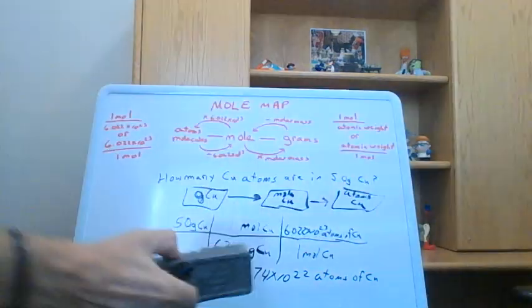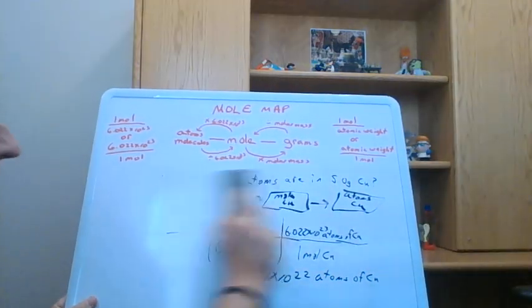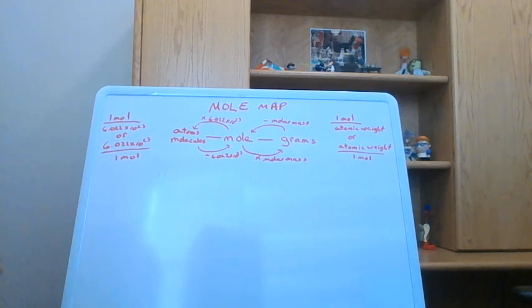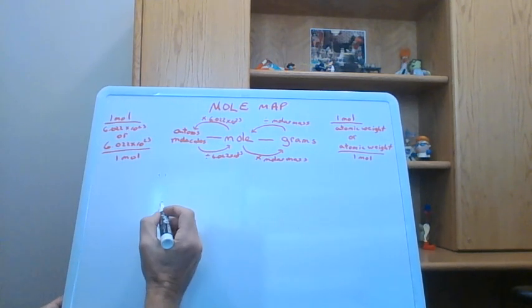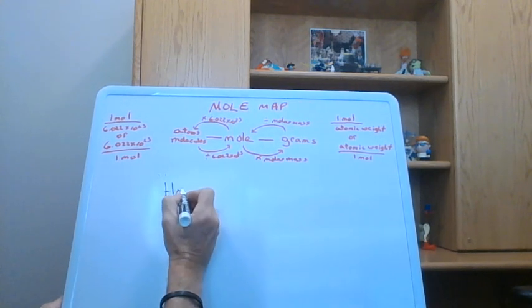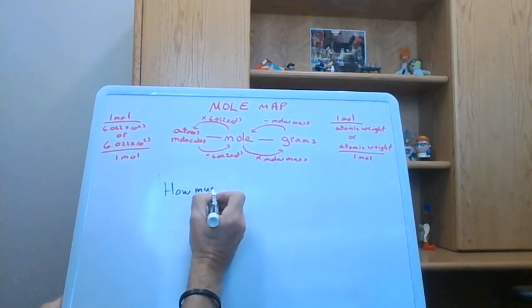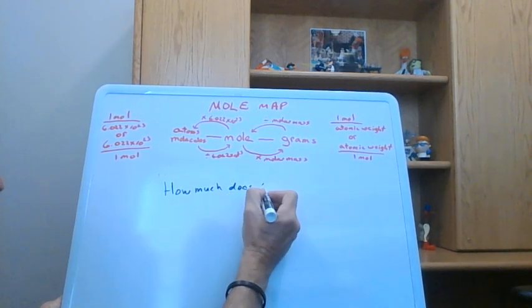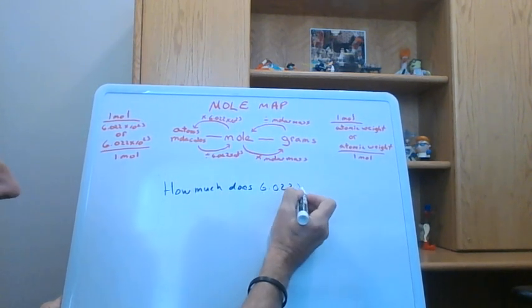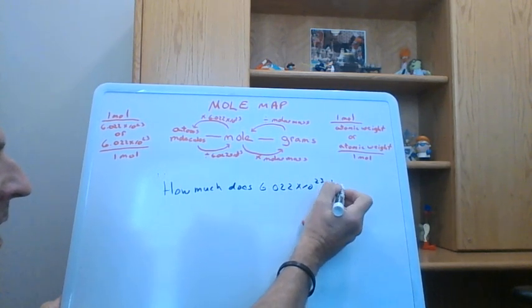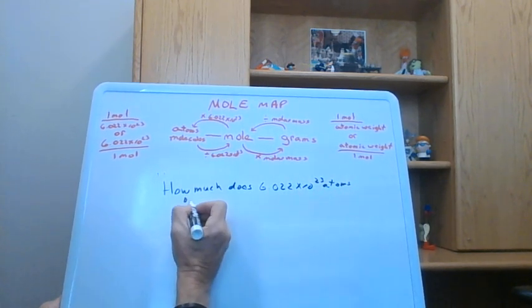So let's see what happens if we want to go in the opposite direction. Say we want to know how much 6.022 times 10 to the 23 atoms of copper weigh in grams.